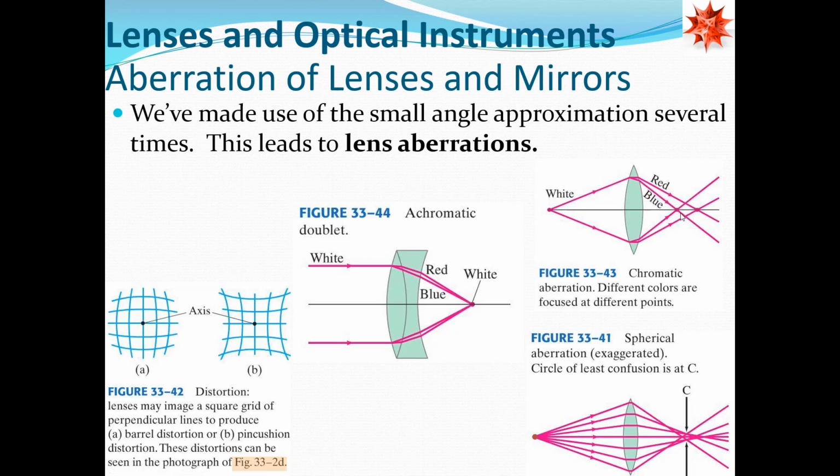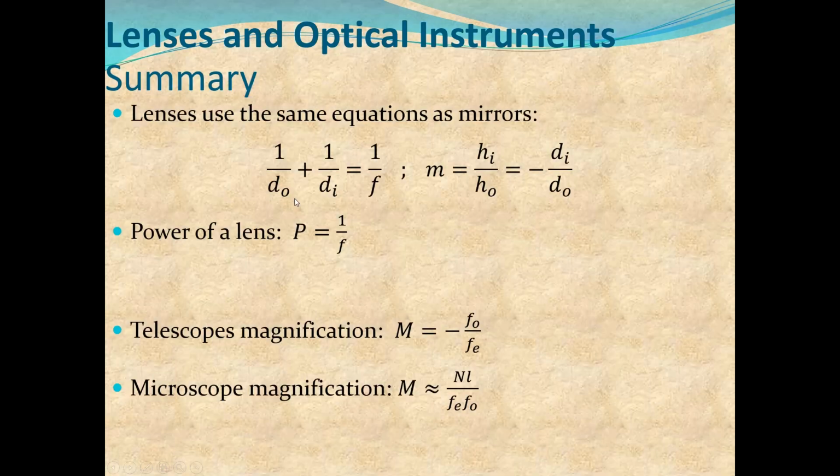You'll get the image, but you might get some sort of color halo around your object. You also get some distortion. All these are caused by lenses because a lot of the things that we're doing are taking advantage of the small angle approximation.